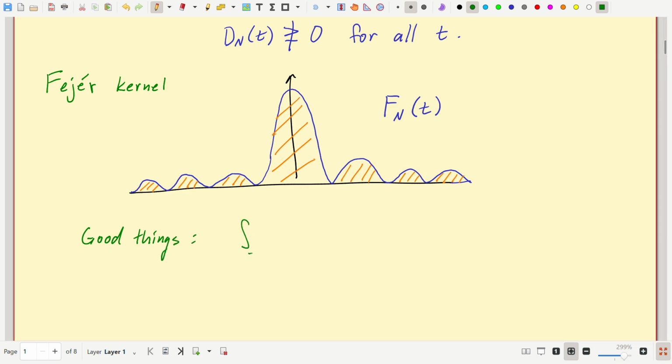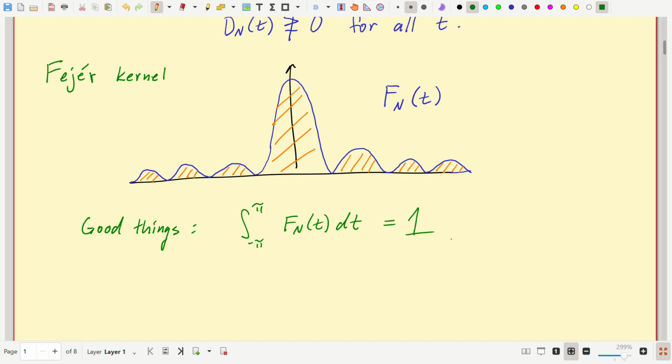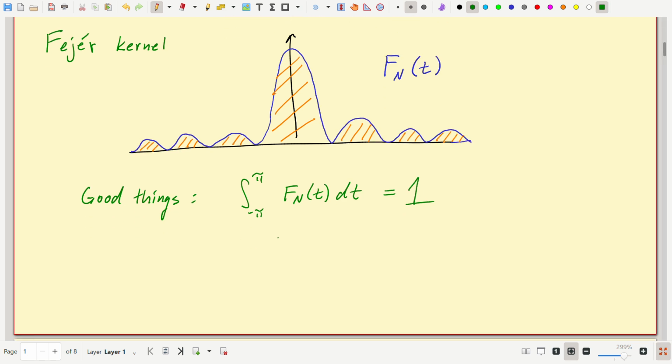The good things: the integral from minus pi to pi of the Fejér kernel is going to be 1. F_n has a big hump, is big, near 0. And it's positive, or I should say non-negative for all t.